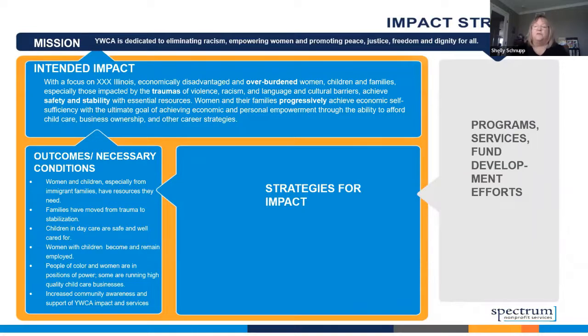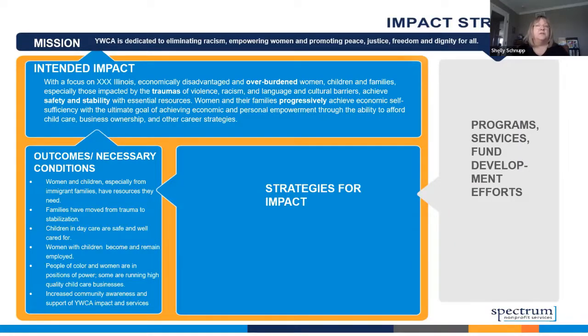So in this example, you'll see that the outcomes are primarily those changes that need to occur among those served to achieve the impact of safety and stability as defined in the intended impact statement. They might also include changes in the community that are needed to support the organization's work toward impact.